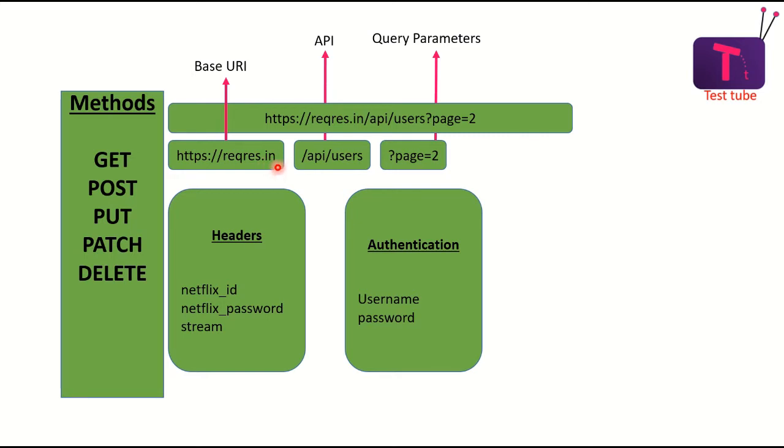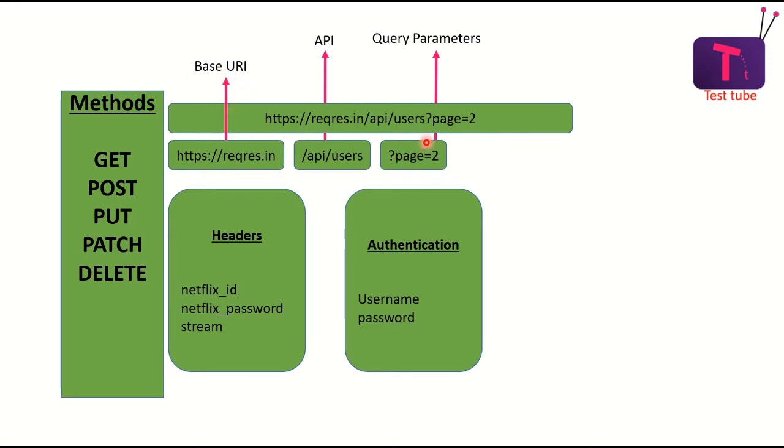This part is called the base URI, and this part of the request is the actual API, which varies from API to API, but all these APIs are under this server, the base URI.